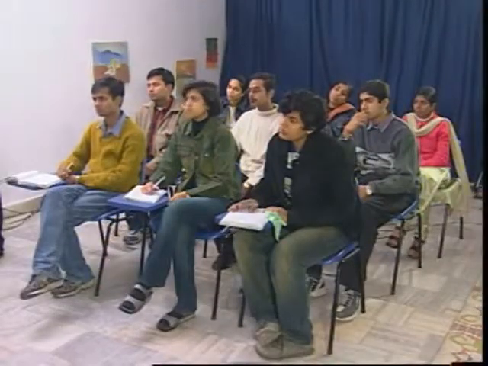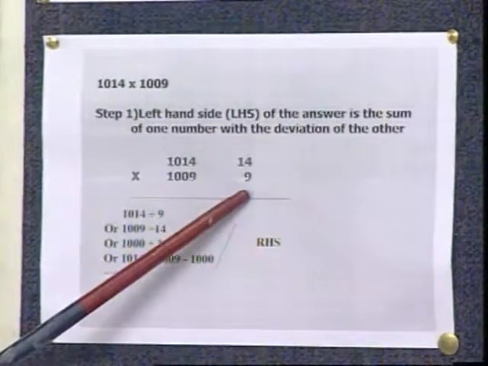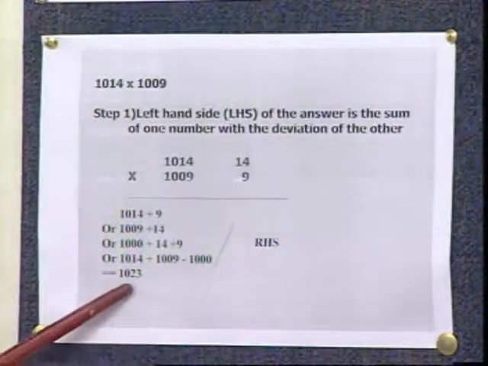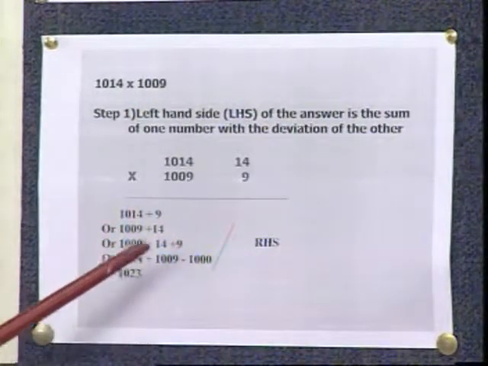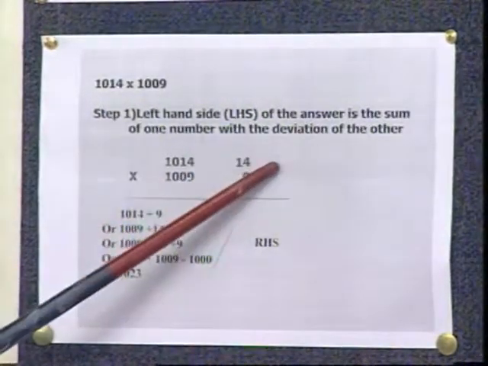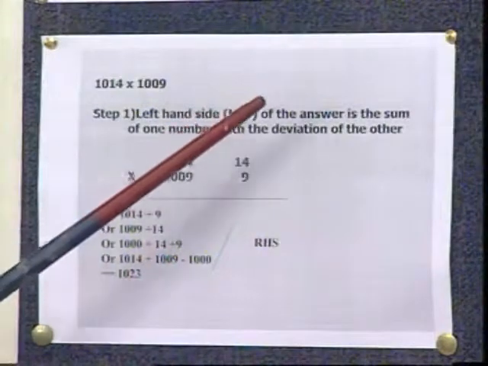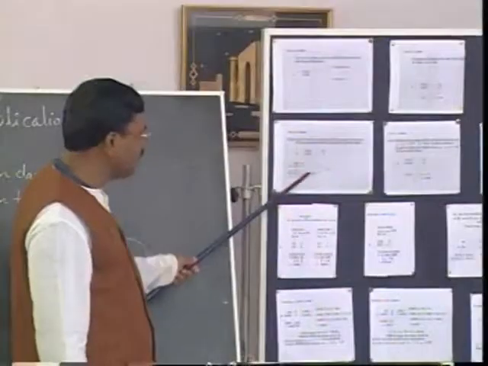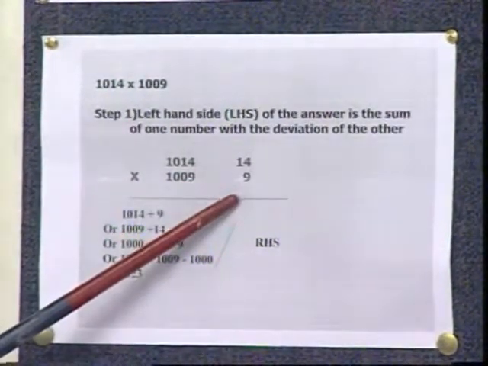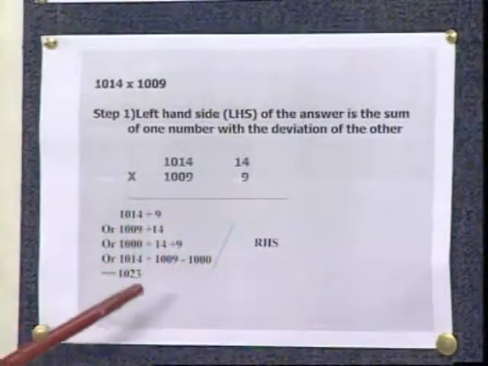If you consider 1014 as your selected number, 1014 plus the other deviation 9 gives 1023. Or if you select 1009, 1009 plus 14 is 1023. If you want only the base and the two deviations, you get the same: 1000 plus 14 plus 9. These two deviations make 23, plus 1000 gives 1023.